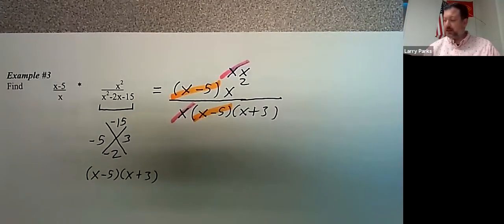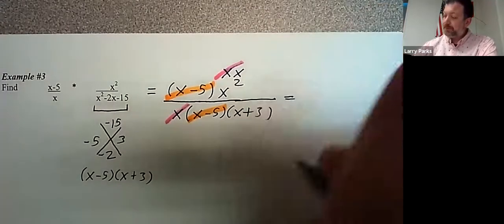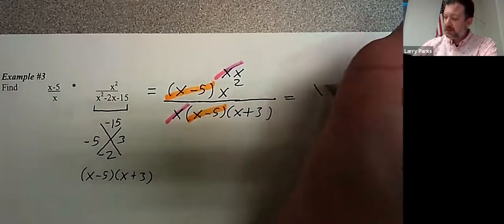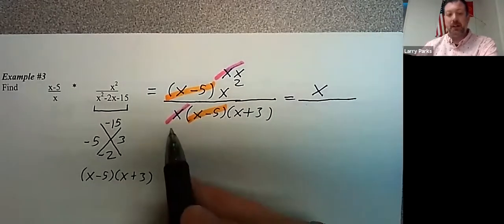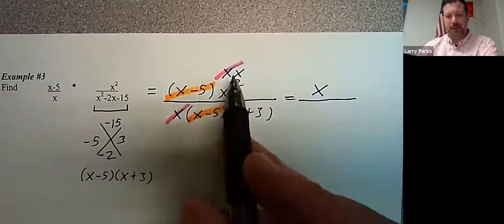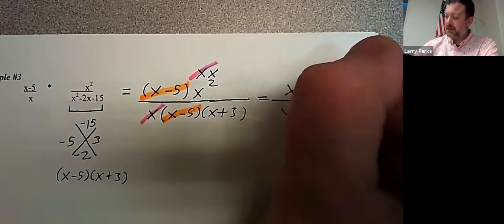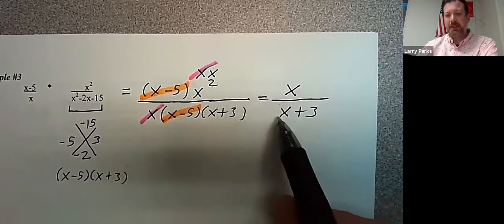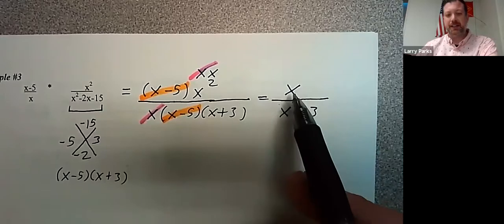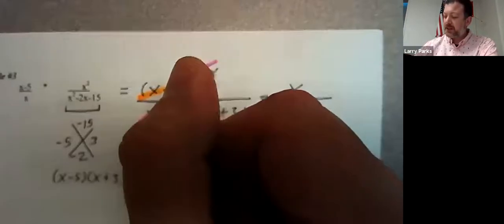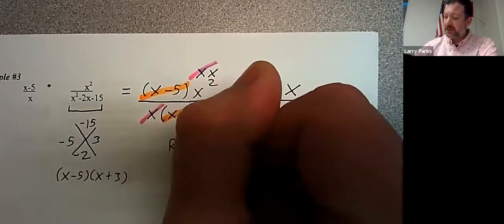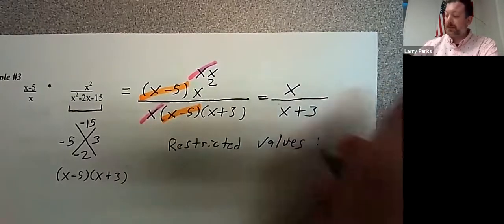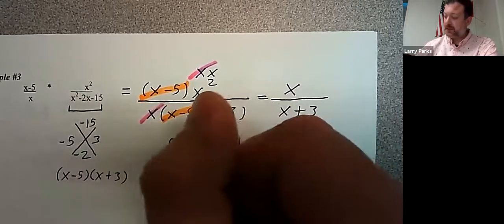We're left with, let's see, of the X squared, one X went away. So I'm left with one X all over, went away, divided out common factors, X plus 3. And remember, you cannot eliminate these X's because this is an X plus 3 and that's an X. Now, my restricted values, I would say X cannot be 0.